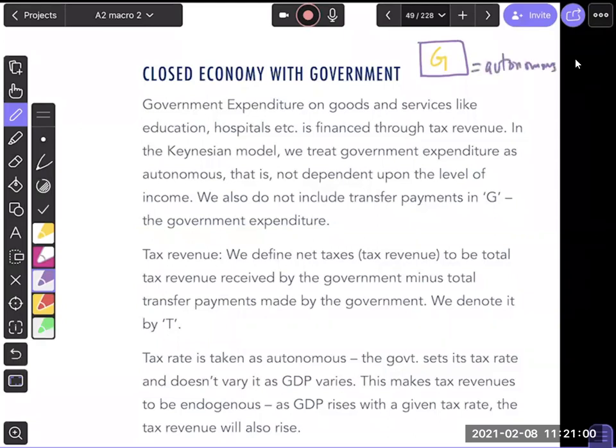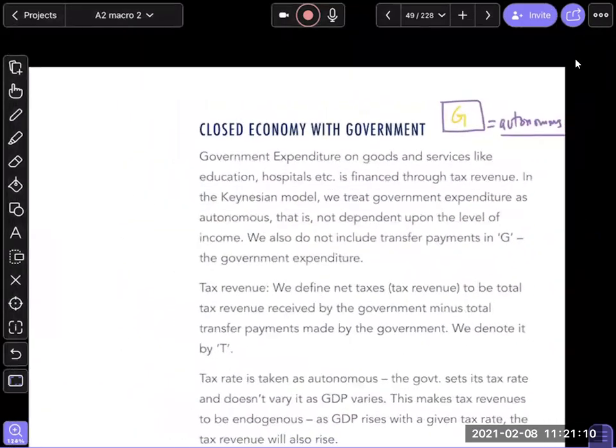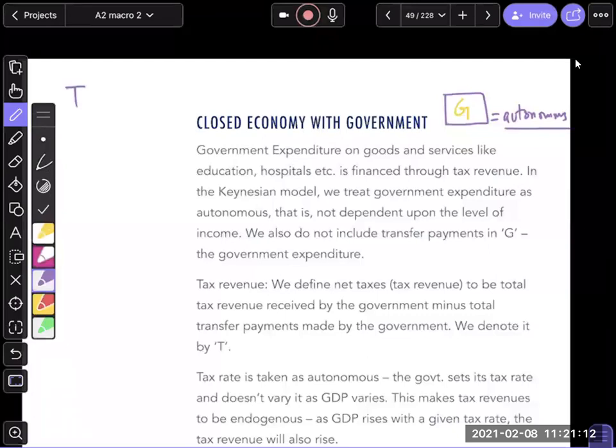Because government independently decide how much money they need to spend. Where do they get their money from? Tax revenue. On the other hand, we can say this, that the tax revenue that they get, like T, this could be induced, or what we say dependent on national income, or Y.